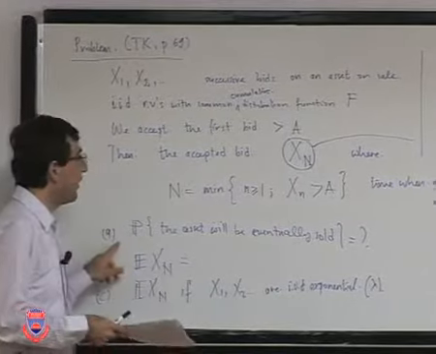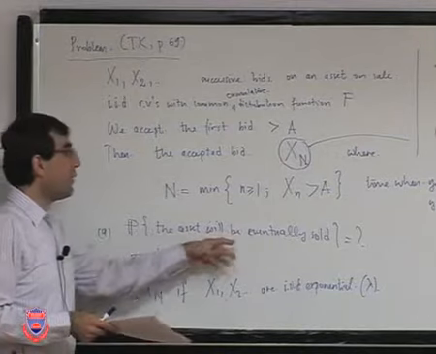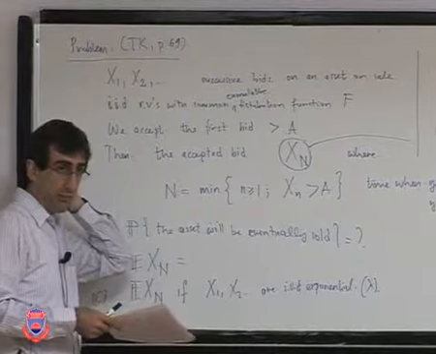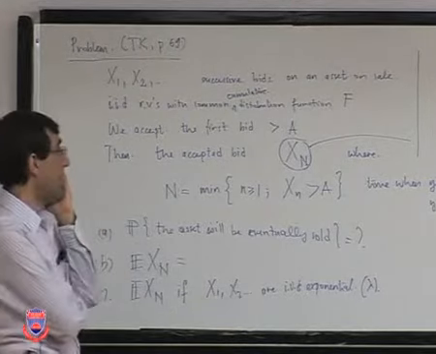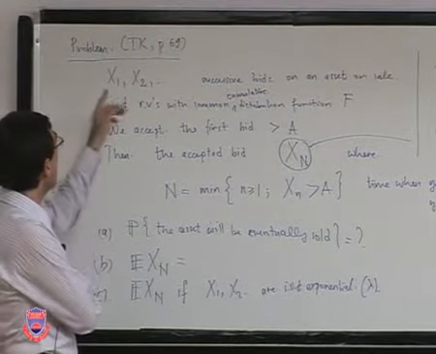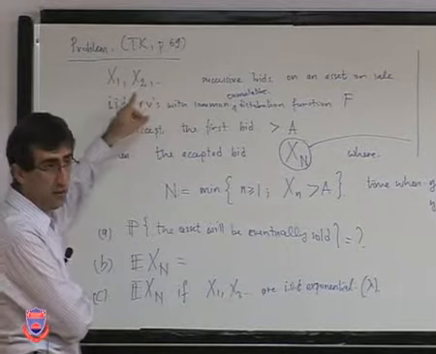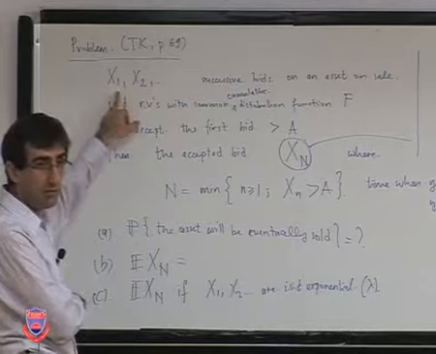For part A, what is the probability that this asset will eventually be sold? So how should I look at this problem? Every time you are getting successive bids. What is happening every time you get a bid?